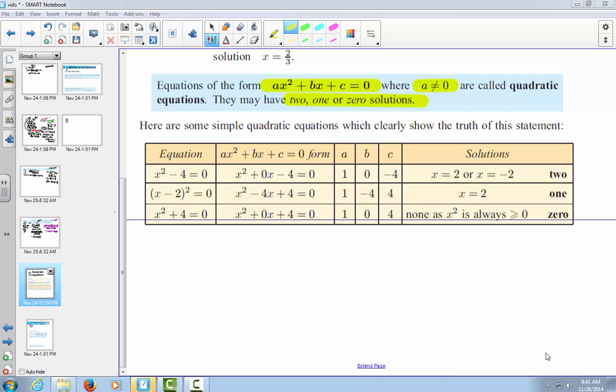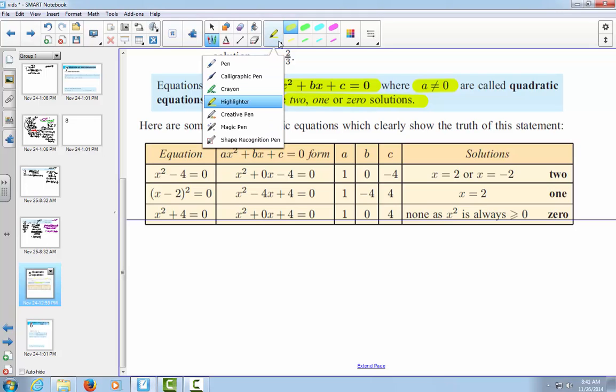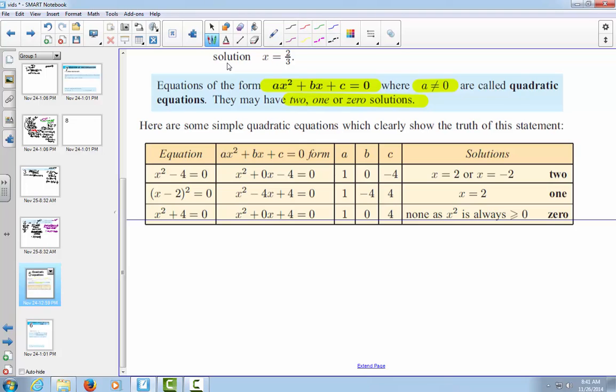If you have the equation of this first form, right here, x squared minus 4 equals 0, we can do a little bit of substitution. We know what a is equal to, we know what c is equal to, and we can solve for x. And then we have it of this form. Again, we can solve for x.